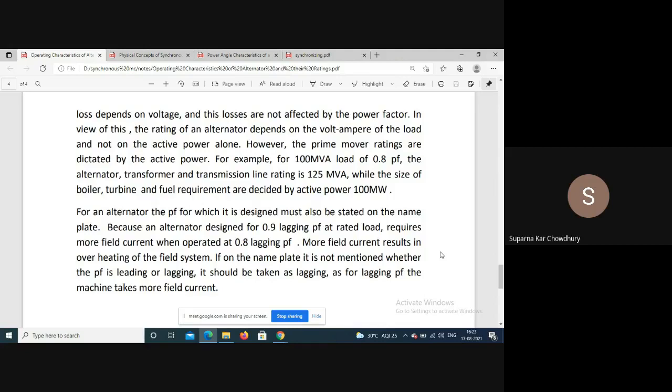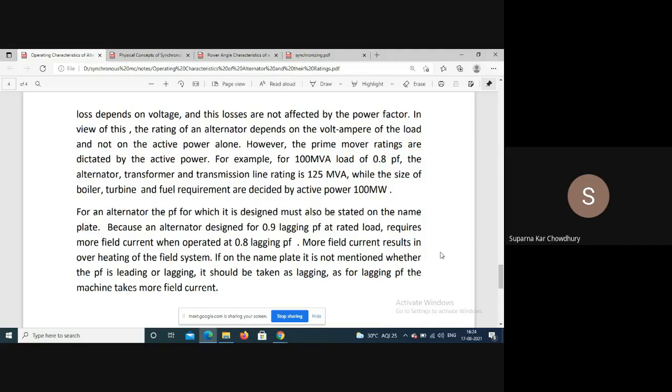Now one thing about power factor: if on the nameplate of an alternator or synchronous generator the power factor, leading or lagging, is not mentioned, then we should consider that it is a lagging power factor, because for lagging power factor the machine requires more field current, so that should be specified. Another thing, if the connection is not mentioned, whether the armature is star or delta connected, then also we should consider the machine is star connected.